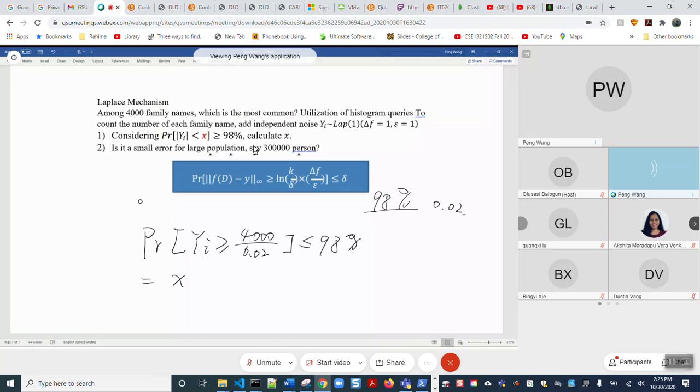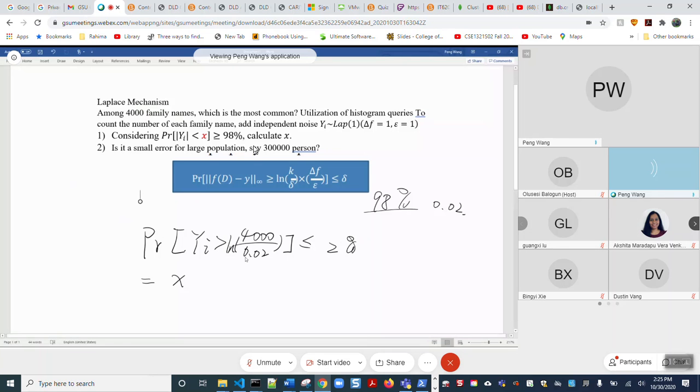Right. This is for another question. Okay. For this one, it should be 2%, and here it is larger than ln of this one.